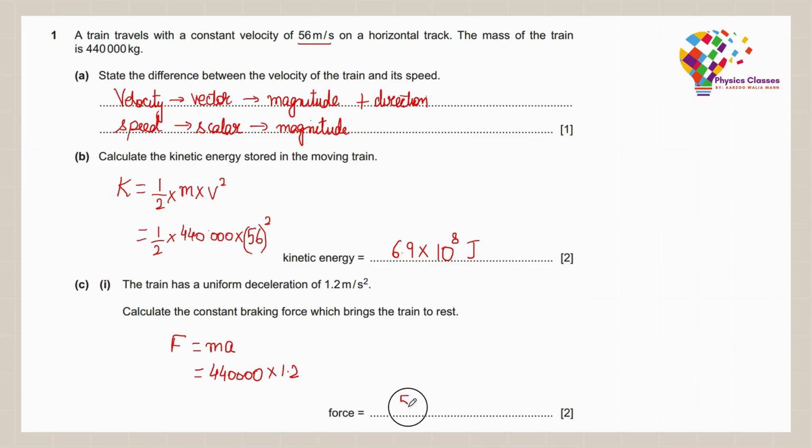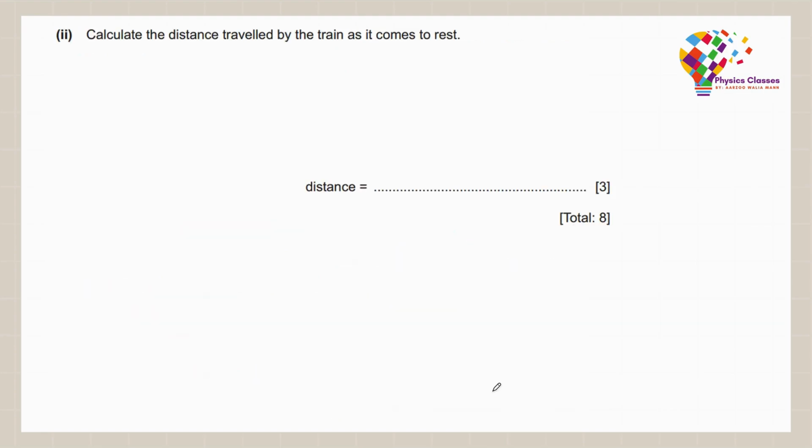So 440,000 times 1.2, which comes out to be 5.3 into 10 to the power 5 newtons. That's a direct calculation for force. Again, do not forget to write the unit. The unit for force is Newton.